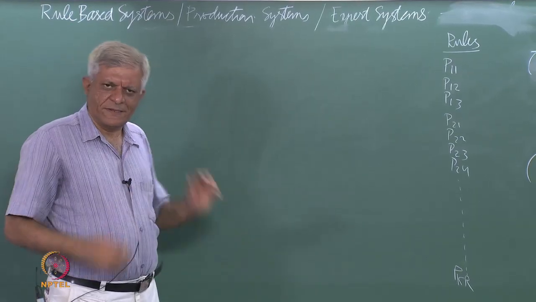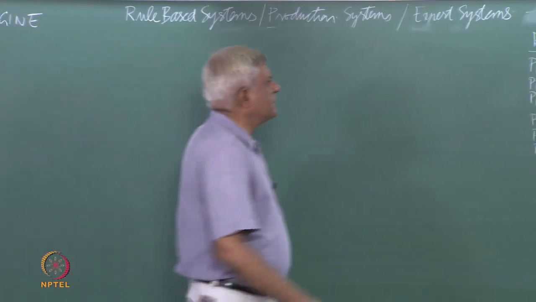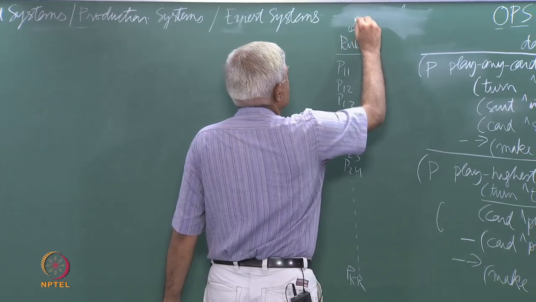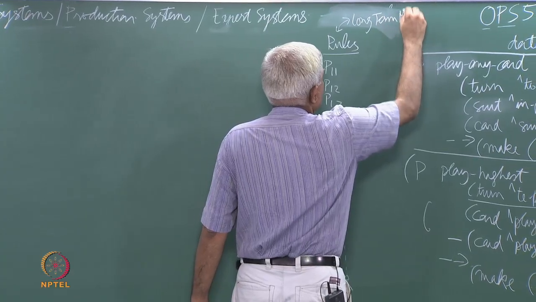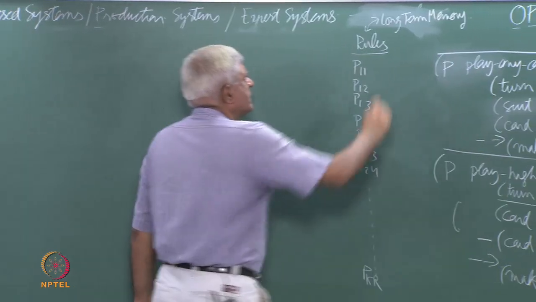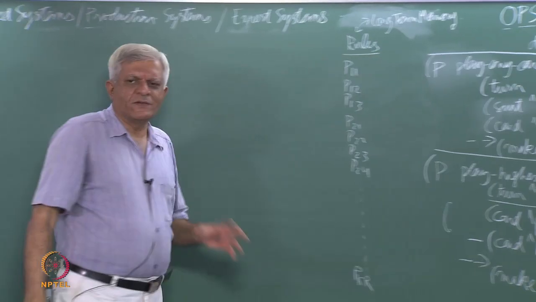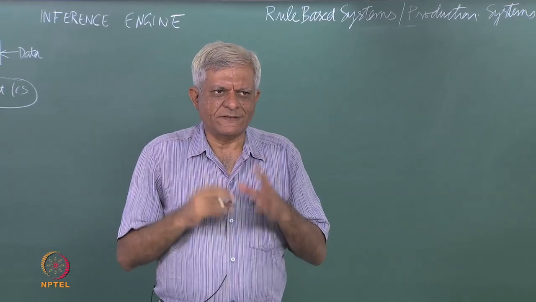So, that is a rule memory, and when Simon and Newell were talking about this kind of problems, they would associate this with a long term memory. So, basically rules capture the problem solver's knowledge essentially, which is always there with the problem solver.